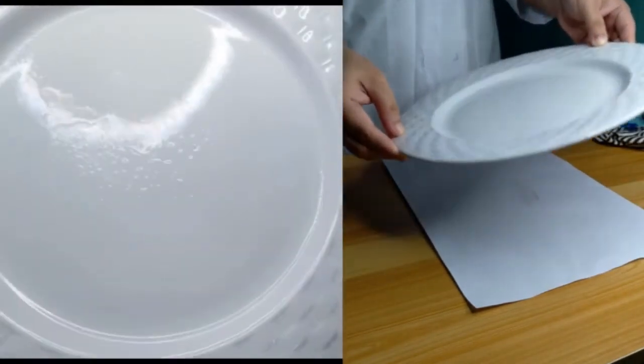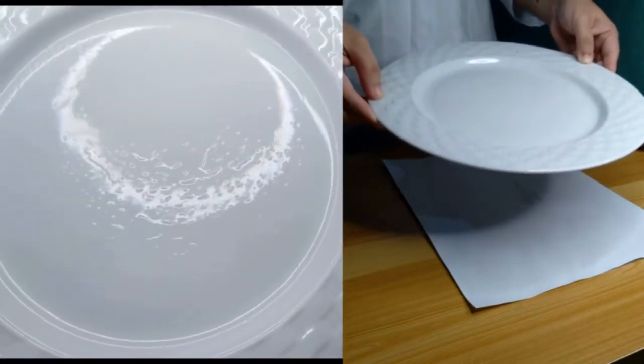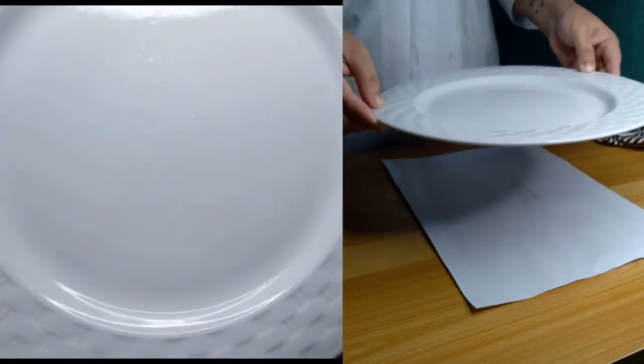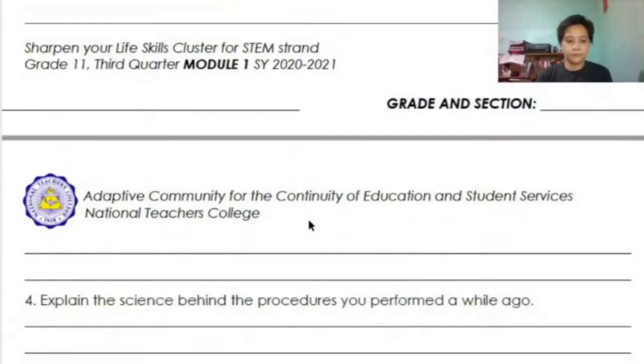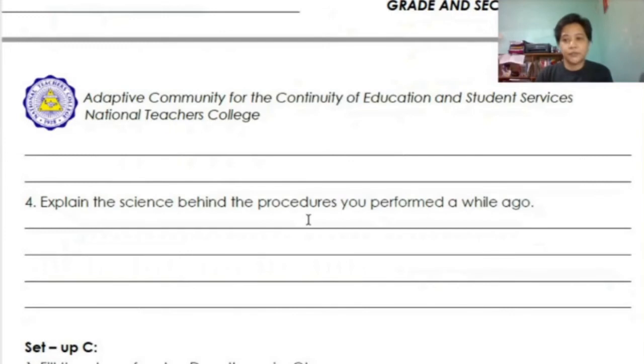And then observe, describe the flow of water. And of course, you have to explain the science behind the procedure you have performed or you have watched.